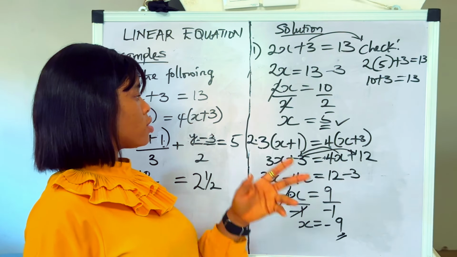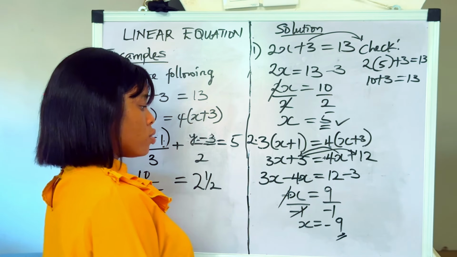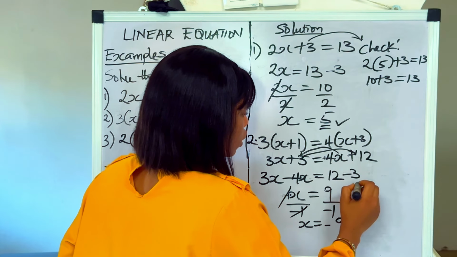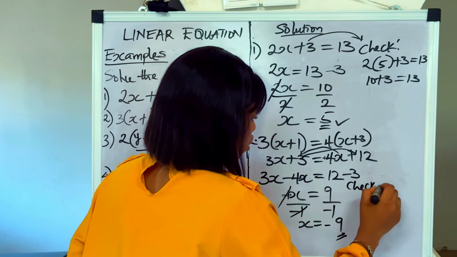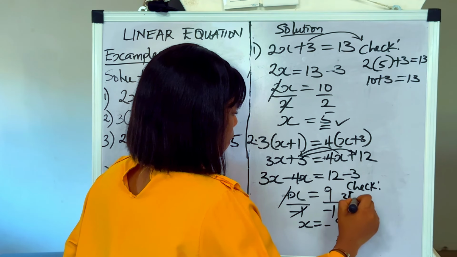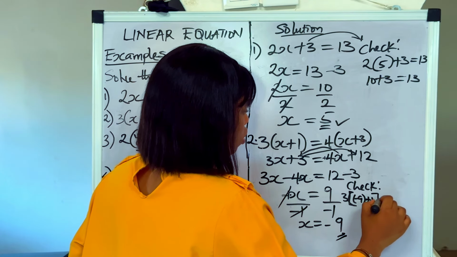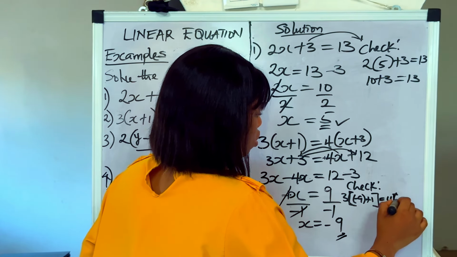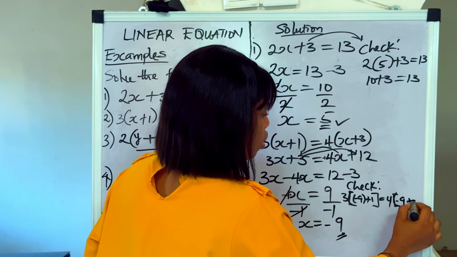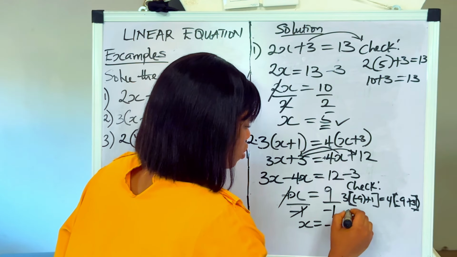Now we can check this by putting minus 9 back into the equation to see if minus 9 is the true value of x. So we have 3 into brackets minus 9 plus 1 equals 4 into brackets minus 9 plus 3.